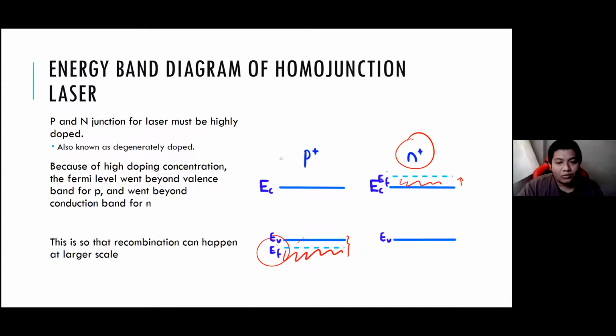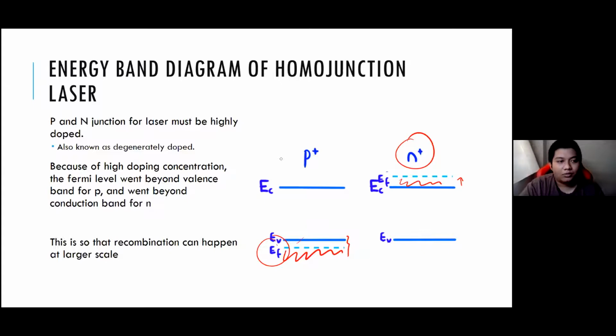So previously we did talk about the stimulated emission and the absorption emission. In order for us to increase the stimulated emission compared to the absorption, we need to put a forward bias current.